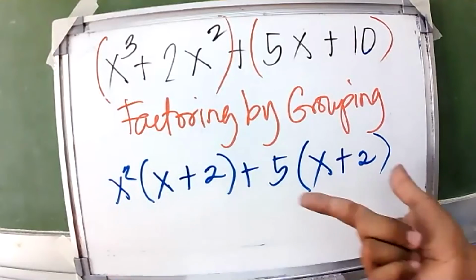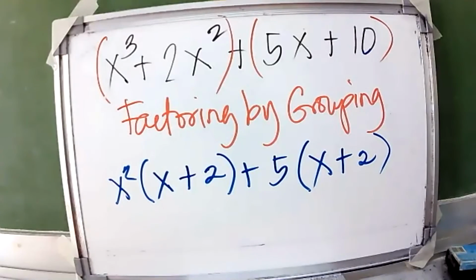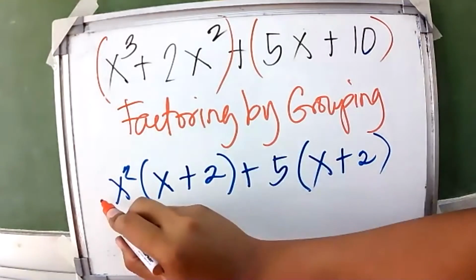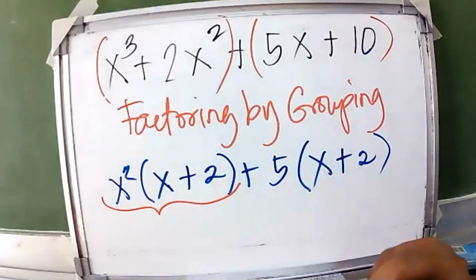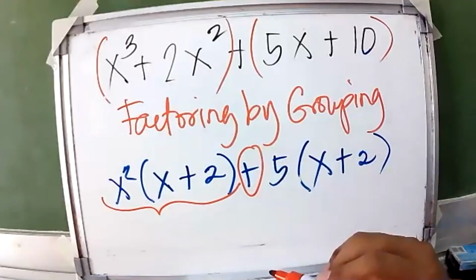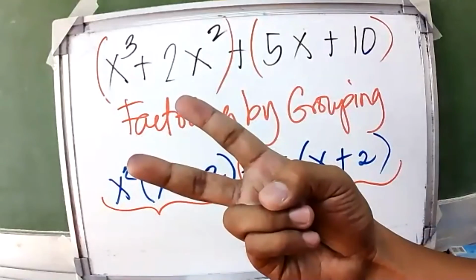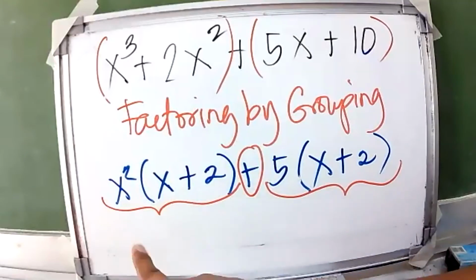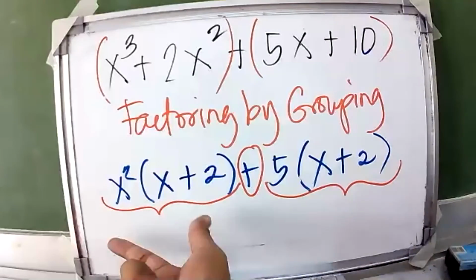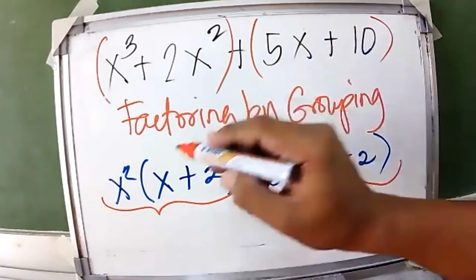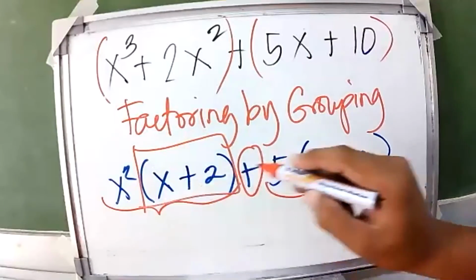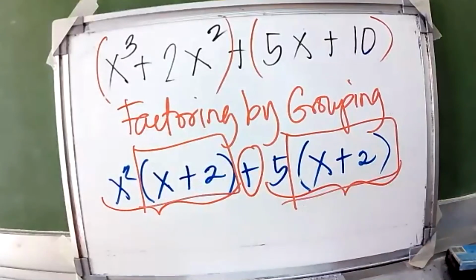Do you see similar terms in this given? Yes, what is that? x plus 2. Remember, this is considered one term, plus is the separator, and this is another term. So there are two terms. Okay? So what's common among these two terms? That is x plus 2. This is common to the two terms.